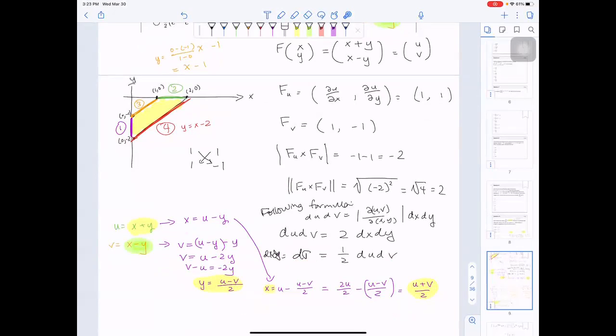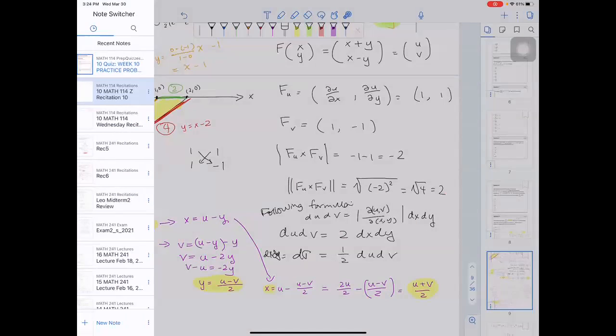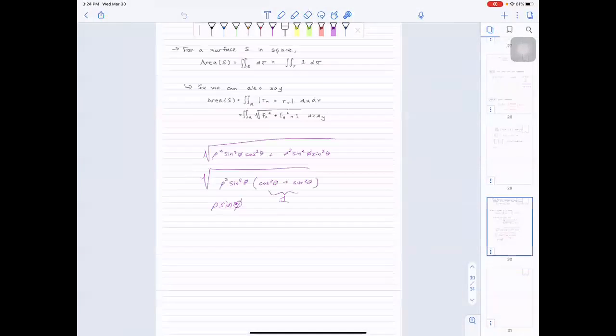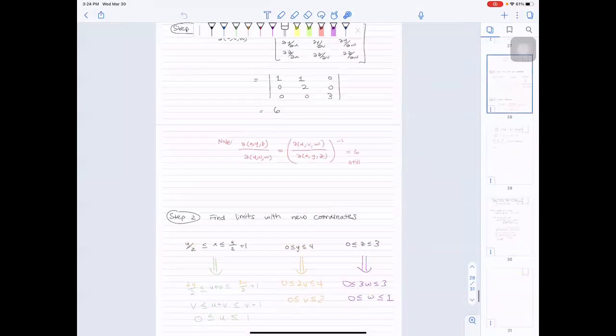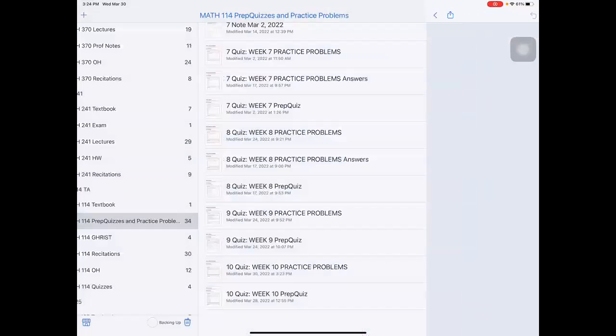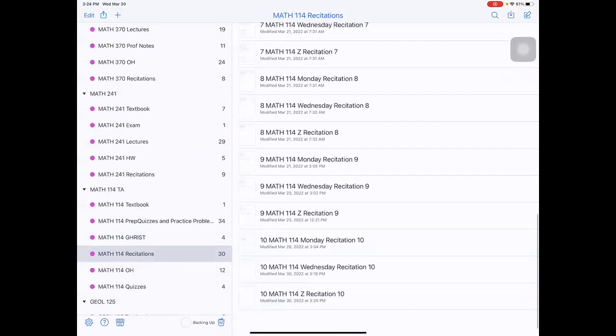If we didn't change variables, would d sigma be 2 dx dy? Yes. But then we changed variables, so didn't we have to find this matrix? Actually, I think we might not be changing variables. I think it might just be the definition of surface integrals.